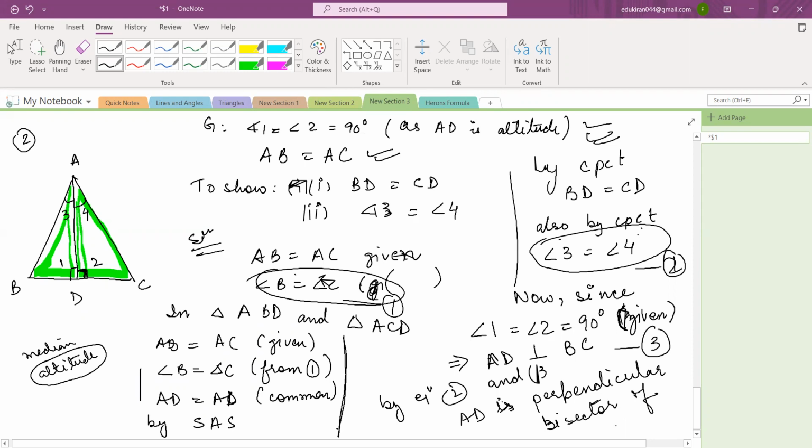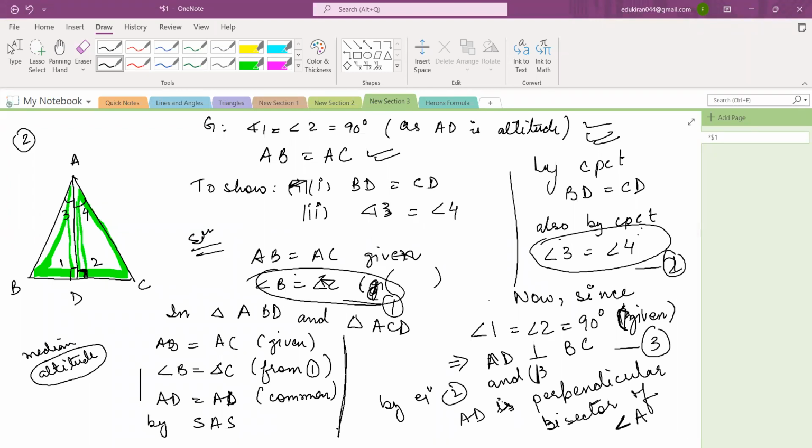What is given in the question? Angle A. Yes, angle A. So earlier I wrote wrong. Now this is right. It is given that angle 1 and angle 2 are 90 degrees, and we have already shown that BD is equal to DC, and also angle 3 is equal to angle 4.